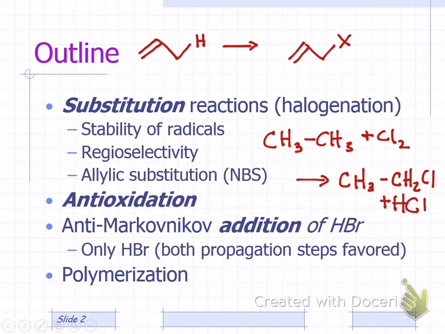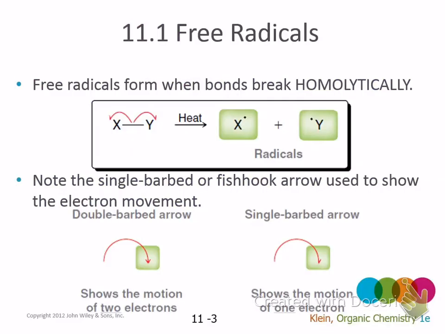So then the question is, how do radicals form? There's a couple of ways that we form radicals. First of all, radicals are really reactive, and once you form a radical, they tend to form more radicals. Because they have an odd number of electrons and are unhappy, when they react, they tend to take one electron from something, leaving one electron behind, and so you always end up generating more radicals from radicals.